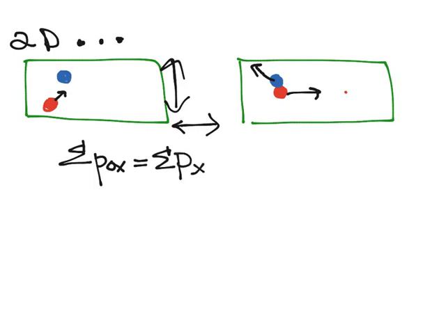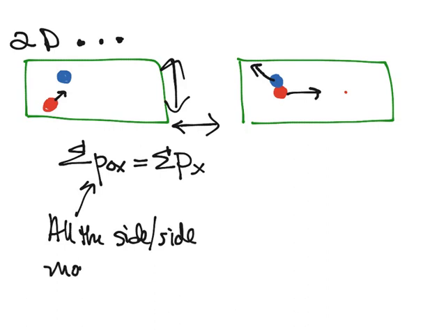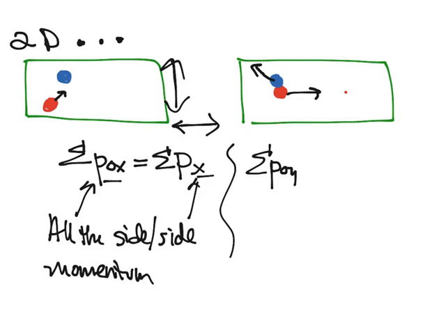That means all the side-to-side momentum is equal to all the side-to-side momentum, whether it's at the beginning or the end. And then we also have sigma p naught y equals sigma py.